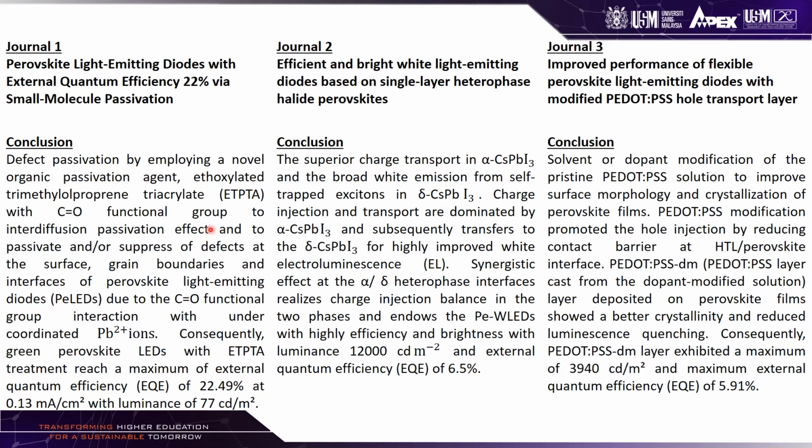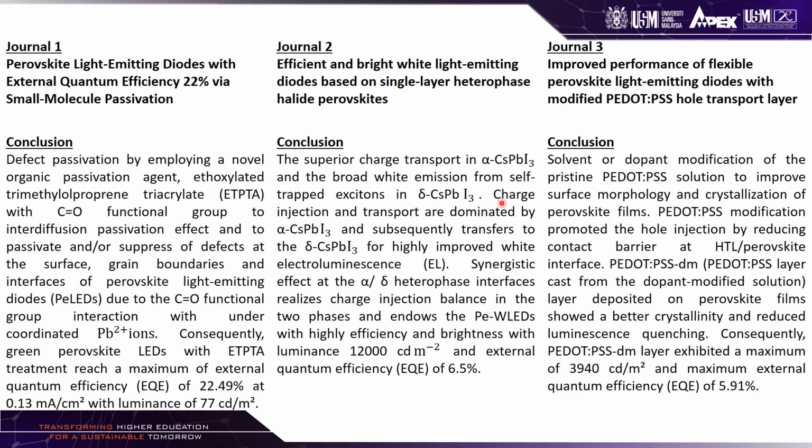For Journal 2, efficient and bright white light emitting diode based on single layer heterophase halide perovskite. The superior charge transport in the alpha calcium lead iodide and the broad white emission from self-trapped excitons in delta calcium lead iodide.